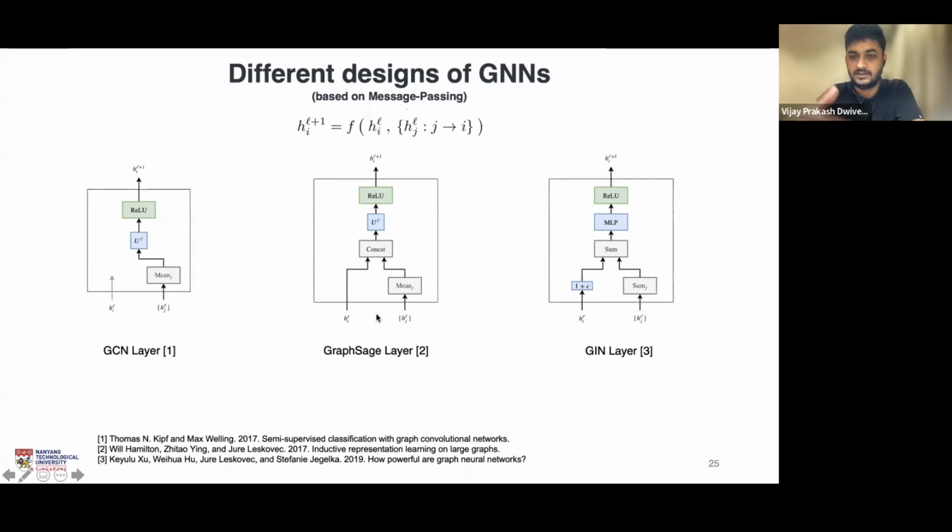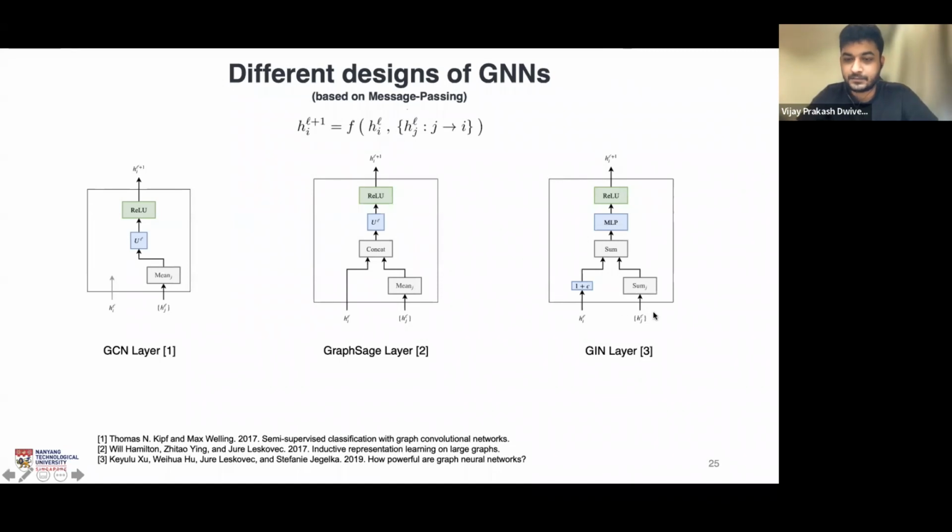And they showed better performance, and it also looks very natural that concatenating the central node information with the neighbor information would provide a boost to the performance. In GraphSAGE, there were also some other aspects such as sampling of the neighbors, but that's skipped for this discussion. And the second thing is that the aggregation function also had several choices. For example, the max aggregation function or other aggregation functions could also be used.